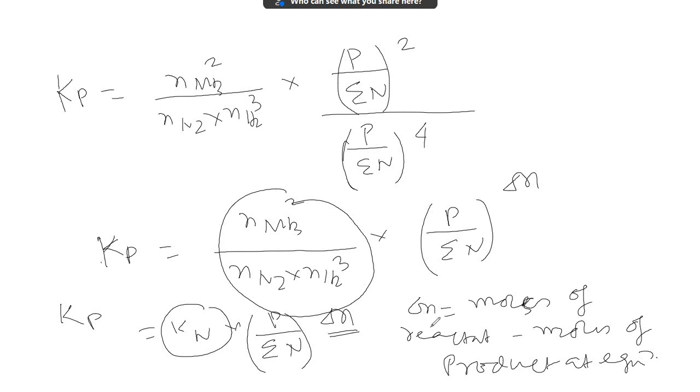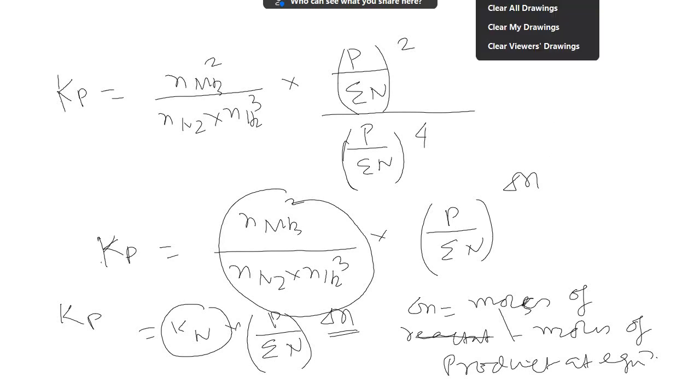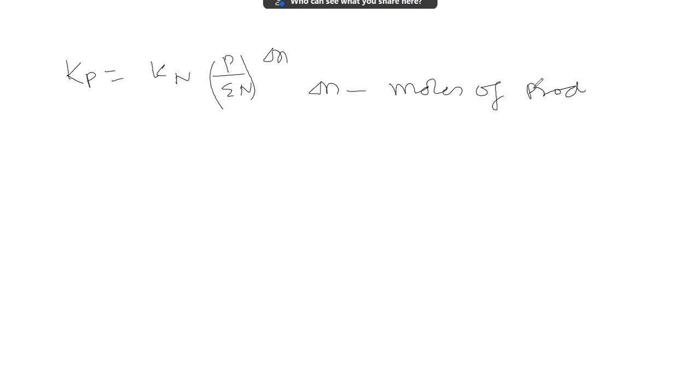Again I am writing it: Kp is equal to Kn into P by sigma n to the power del n, where del n is equal to moles of product minus moles of reactant at equilibrium.